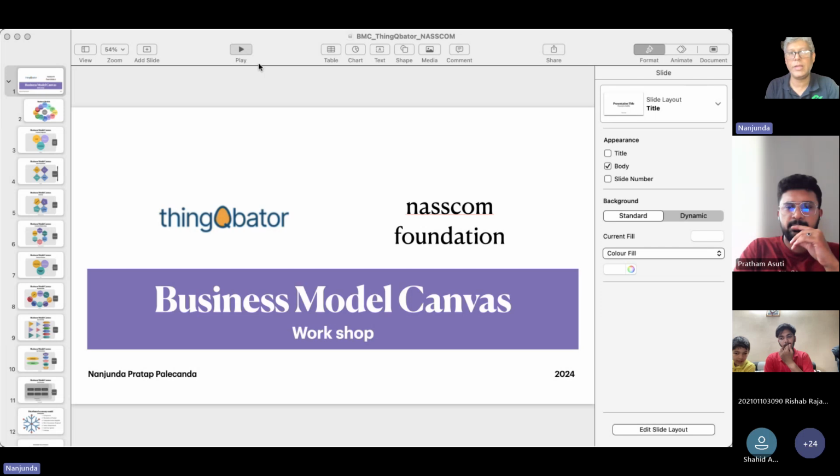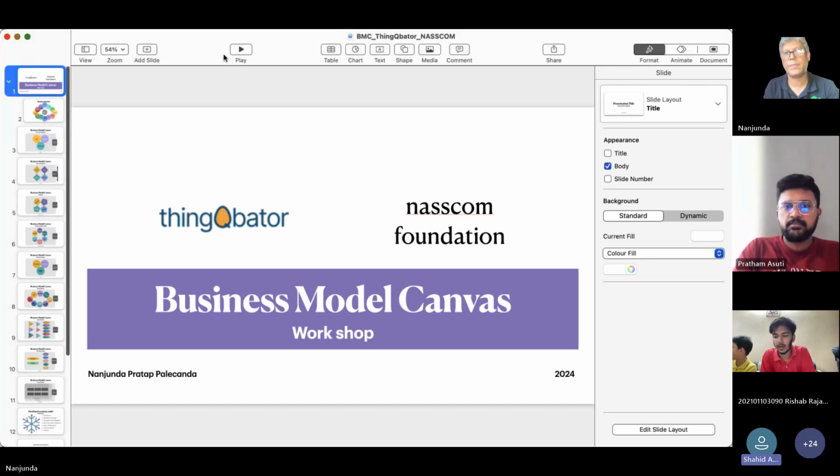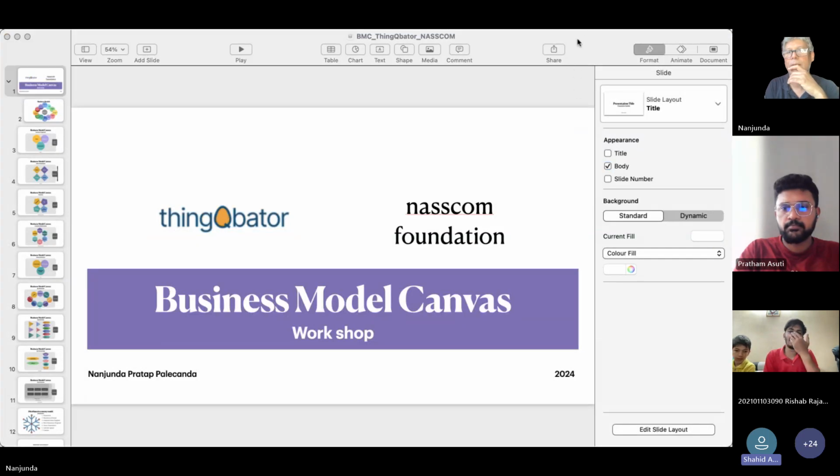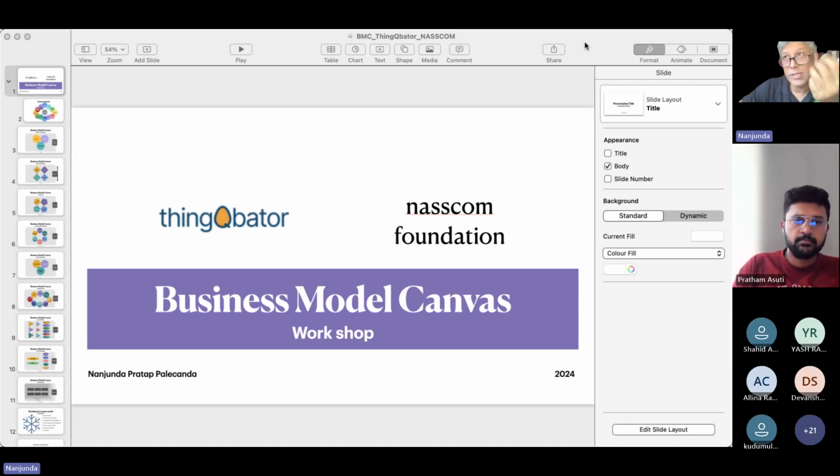I don't know how many of you are familiar with the business model canvas. Any of you? These are engineering students? Sir, most of us have already presented the lean business canvas model in the last session with Ajay Batra, sir. Okay, so you're familiar with the lean business canvas.